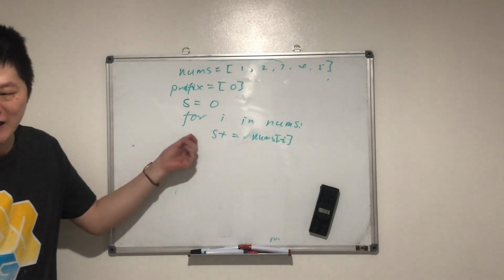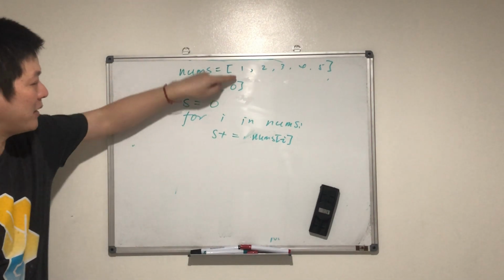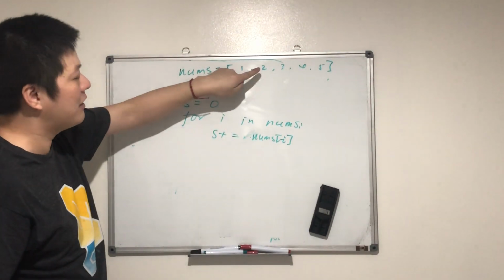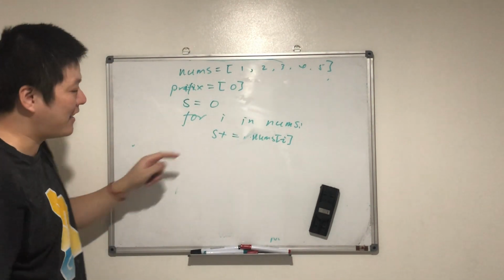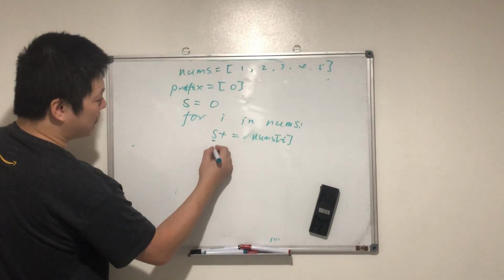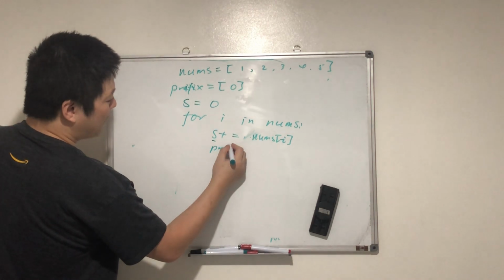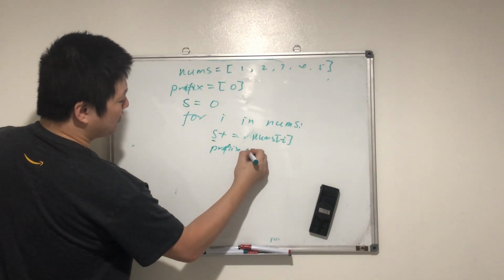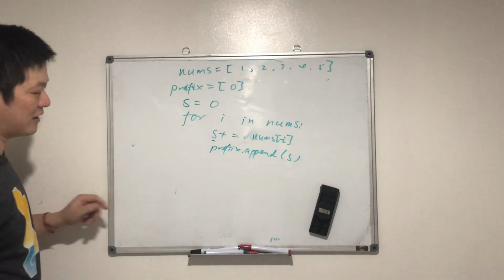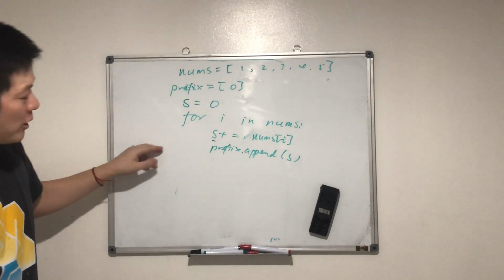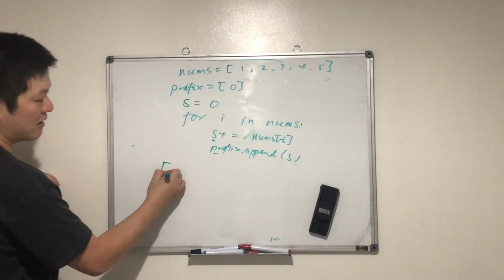So now we are calculating the sum along the way. So s will be 1, 3, 6, 10, 15, right? And every time we get the s, we just push it to the prefix. So now after this, what's the content of prefix?